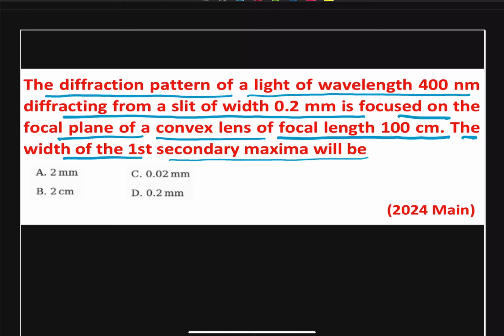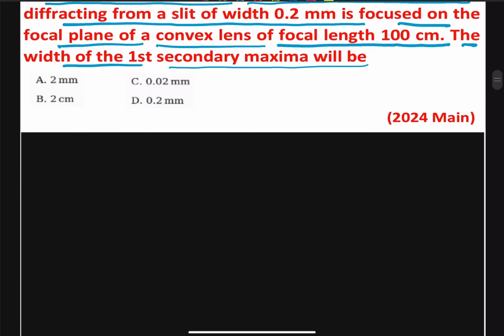So here we are supposed to find out the width of first secondary maxima. So this is based on formula itself. We already know that the width of first secondary maxima is lambda divided by A and multiplied by capital D, where A is the slit width and D is the distance given.